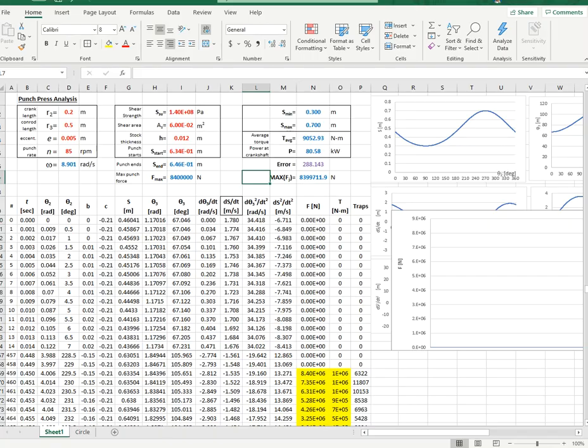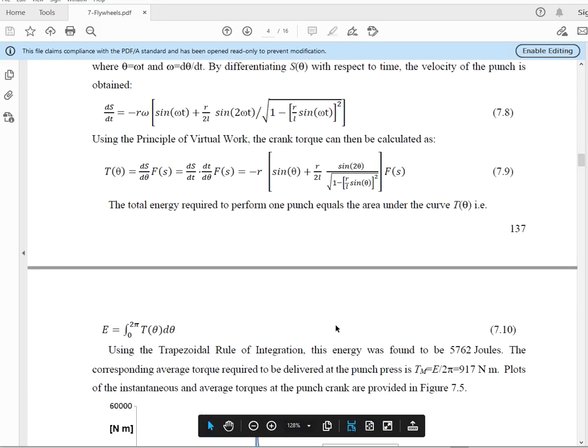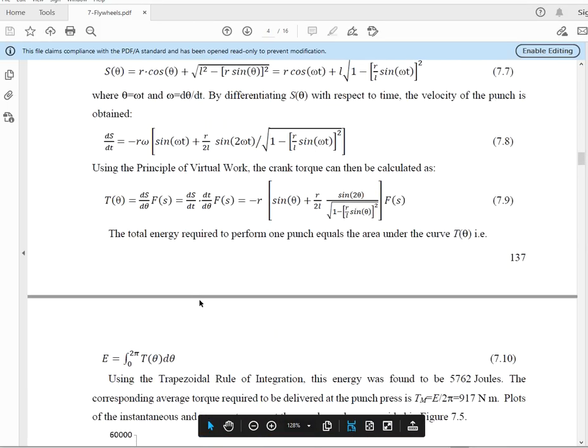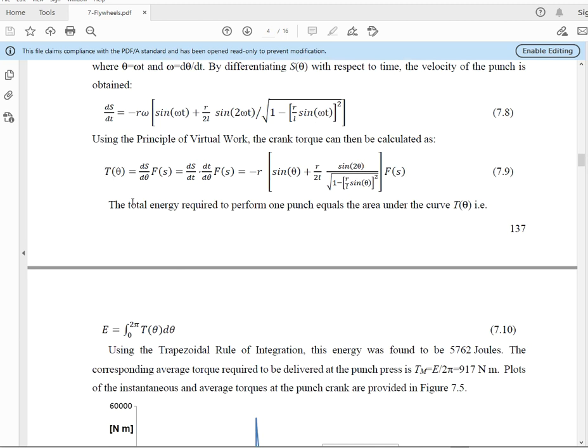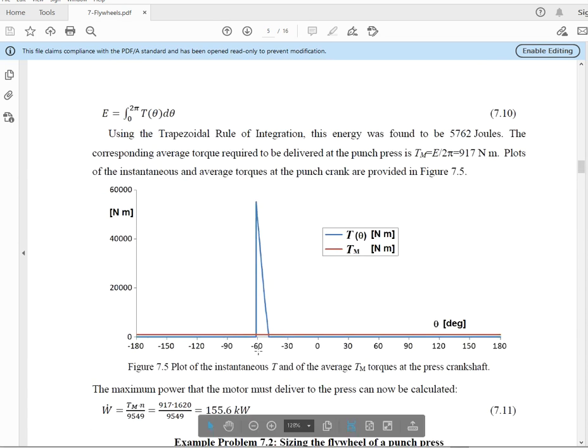Under the torque curve, you then have to integrate. So next to the force column, there's the torque column. It refers to the force column in the spreadsheet and refers to the S dot column in the spreadsheet.